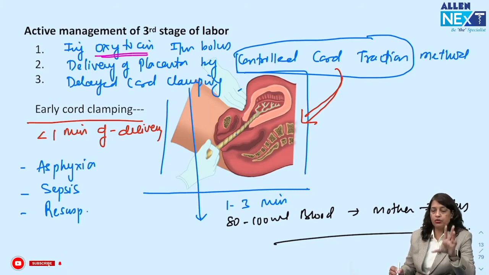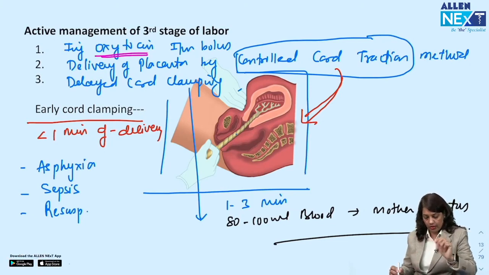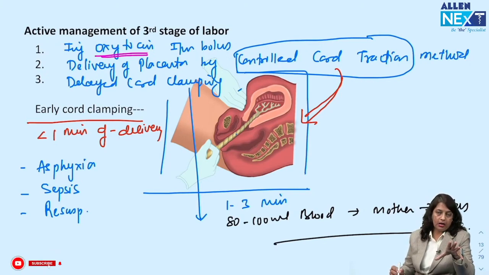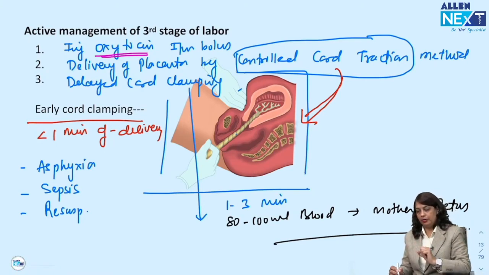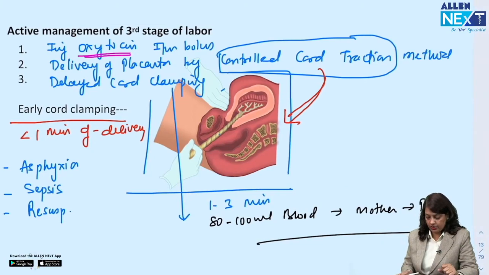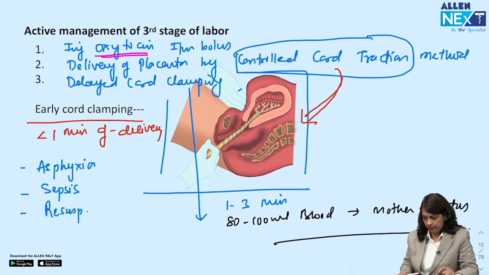That is why oxytocin is the drug of choice for active management of third stage of labor, and for atonic PPH management as well. It is also an important drug for breast engorgement, because when you give oxytocin it causes contraction of the breast and eases milk release. Also, it is an important drug for induction or augmentation of labor. So these are the advantages of oxytocin.